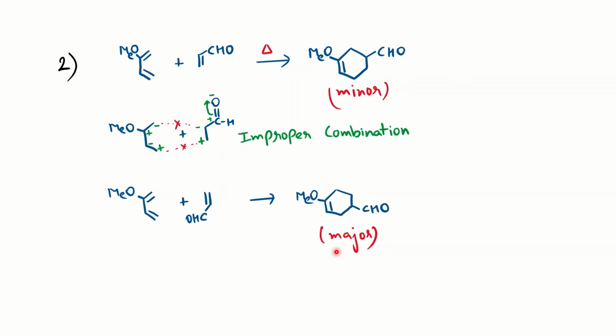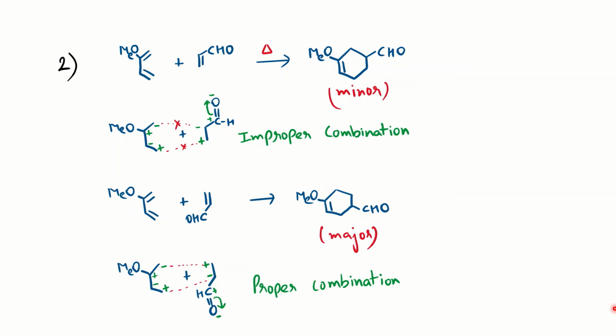And why we are saying it major, you can notice the same sign here, having minus plus minus plus, same sign, but now you have negative positive and positive negative, which is a proper combination, and therefore it makes a major compound.